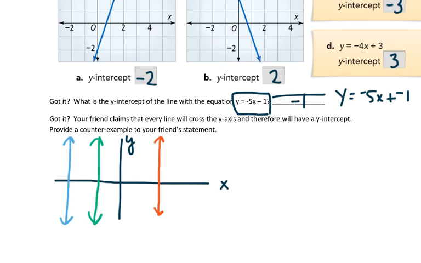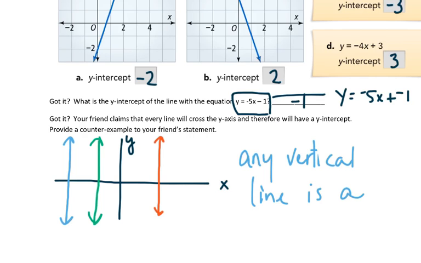So I'm going to write over here, any vertical line is a counterexample. And that summarizes what it looks like when it doesn't cross the y-axis.